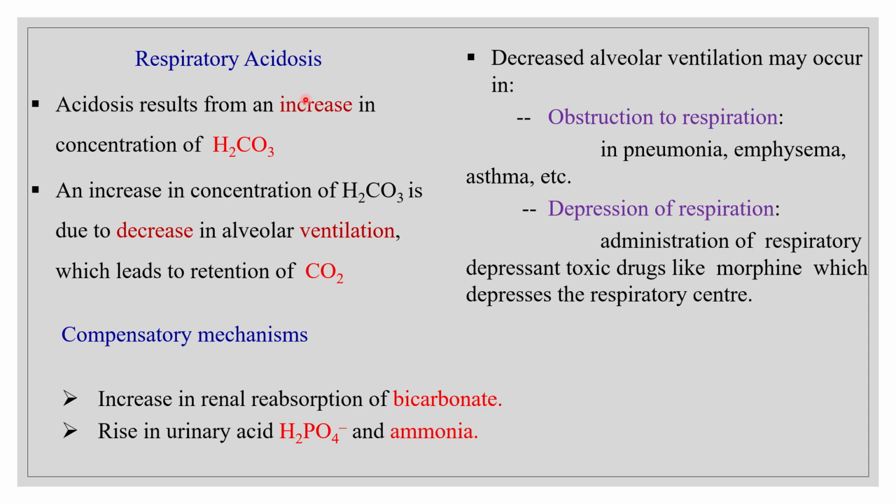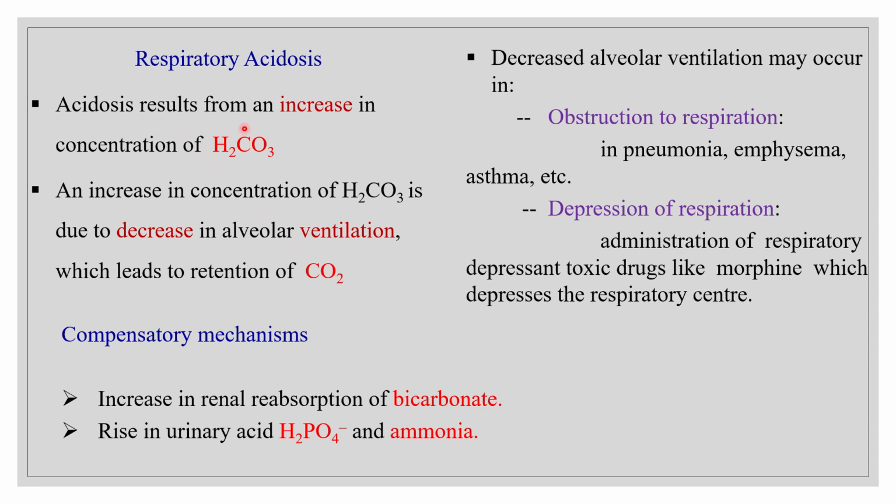Now, respiratory acidosis. Acidosis results from an increase in the concentration of carbonic acid. So we will look into the concentration of carbonic acid. What deviation happens if it is acidosis? There is an increase in the carbonic acid concentration, or if it is alkalosis, there will be a decrease in the carbonic acid concentration or partial pressure of carbon dioxide.